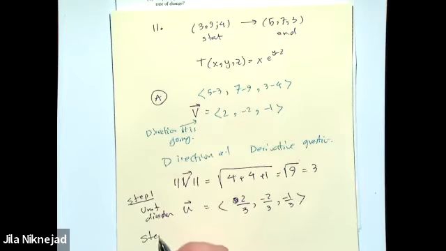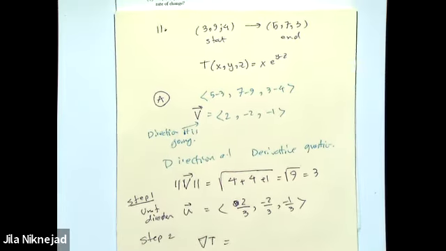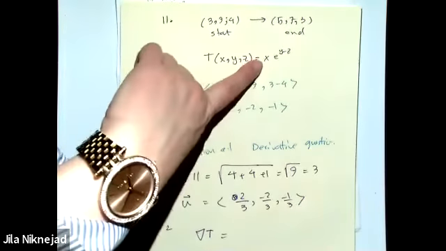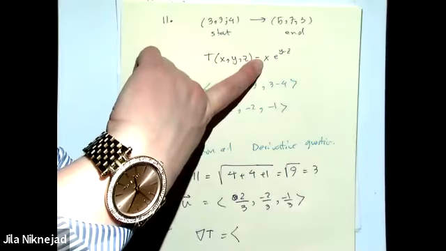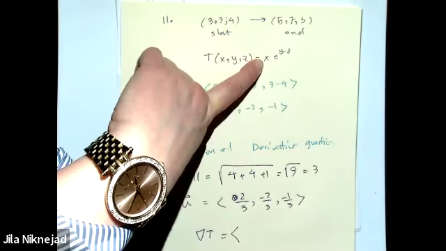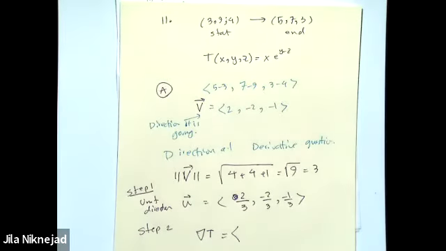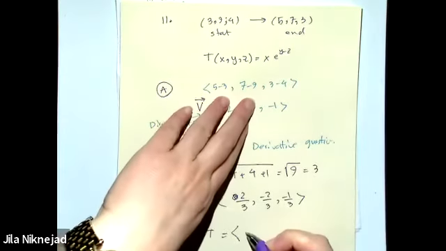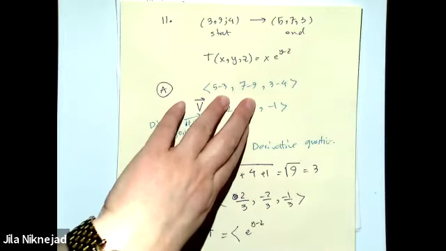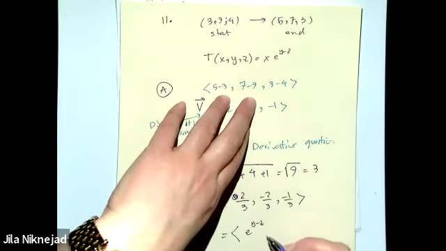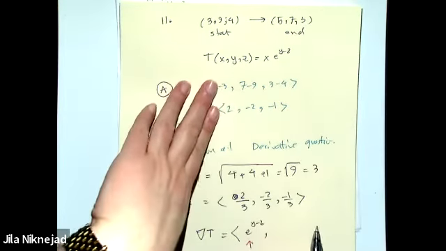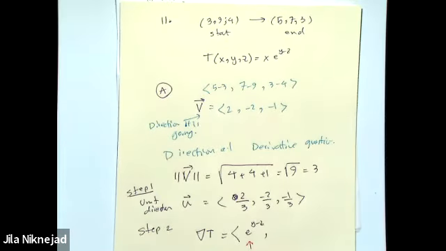Now, step 2, compute the gradient vector. Gradient of T. Can you still see the function up there? Yes. So, gradient of T, partial with respect to x first. It's x times e to the power whatever, which is just a constant, so it would be e to the power y minus z, because that's a constant coefficient. So this is partial T sub x.